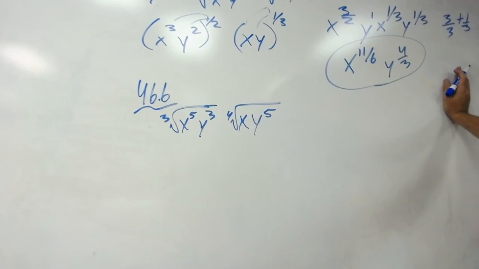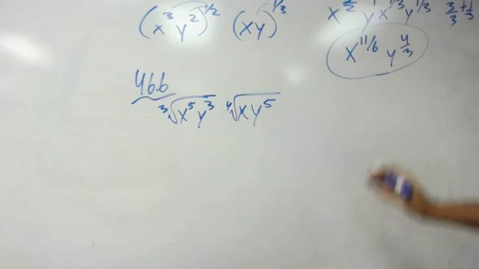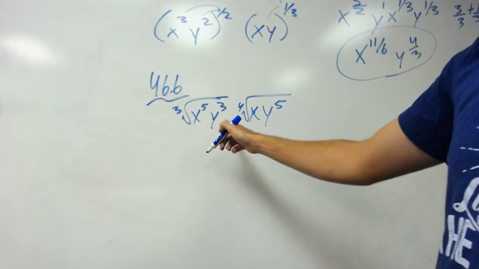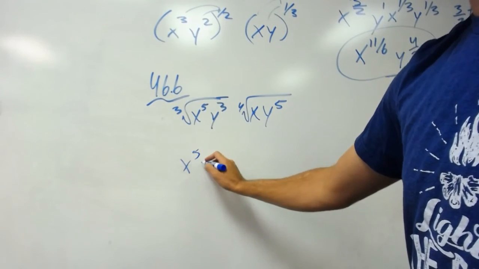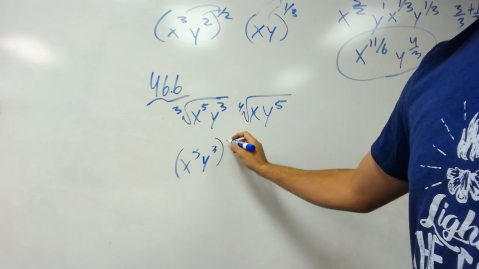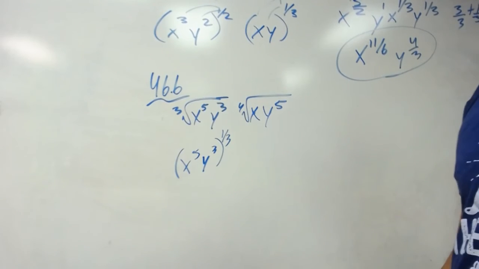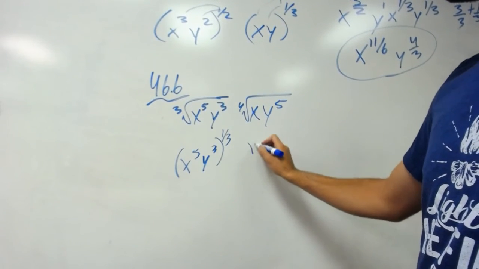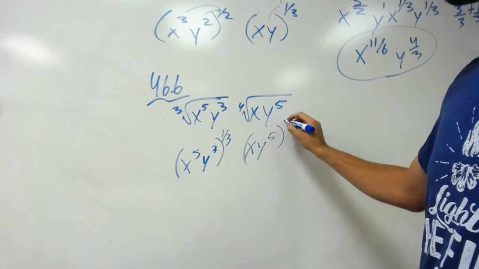One more. 46.6, a lot of examples in this lesson. Just like we did in the past, x to the 5th, y cubed, all are cube rooted, so 1/3 power. x and y to the 5th are all to the 1/4 power.